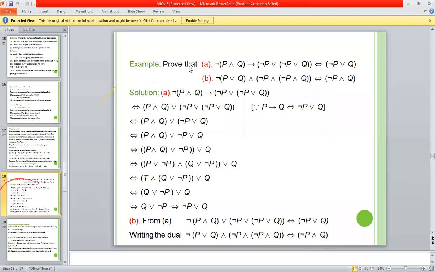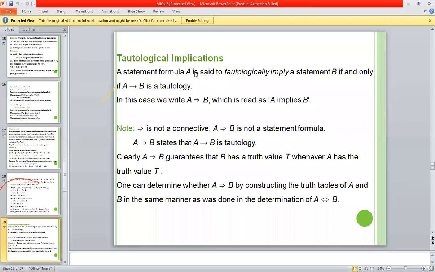Next one, tautological implications. A statement formula A is said to tautologically imply a statement B if and only if A implication B is a tautology.